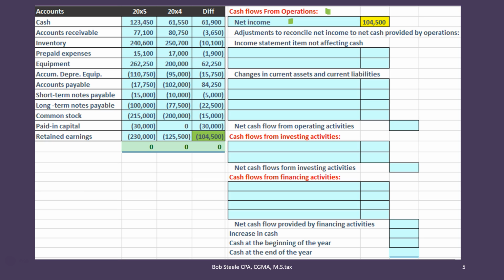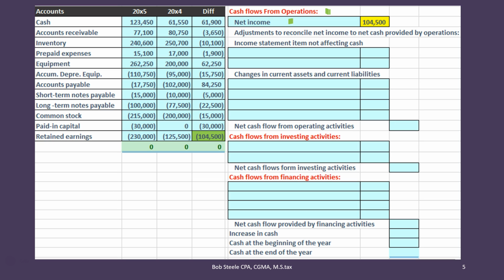I would convert revenue to receipts from customers, and I would convert all the expenses from an accrual basis to a cash basis, meaning cash paid for expenses. So cash received from customers minus expenses that were actually paid with cash gives us the net income on a cash basis. That would be the direct method in essence.